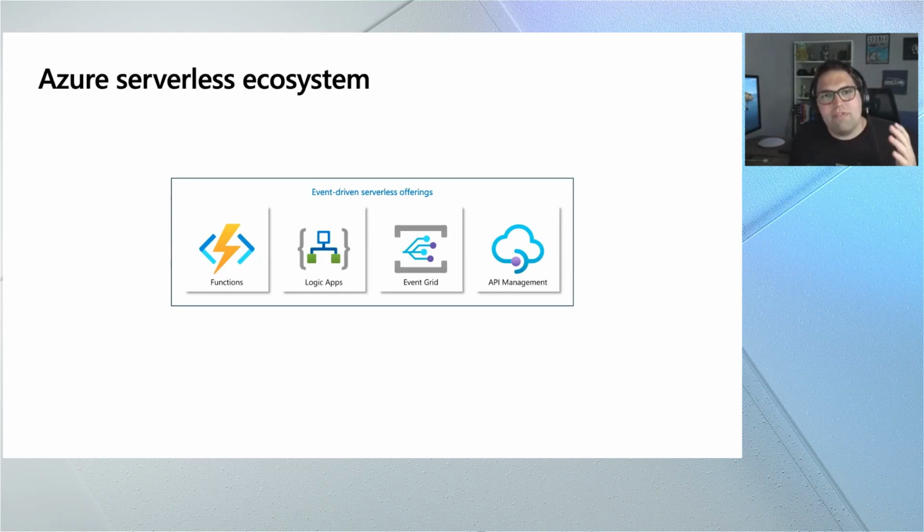Logic Apps provides workflows that can integrate with hundreds of different systems. Event Grid is an event broker. So you can think of this as an event like a new customer is added, lands on Event Grid. And Event Grid can route it and make sure that all of the interested parties, people who care about a specific subtype of that event, can be notified, all connected and notified through Event Grid.